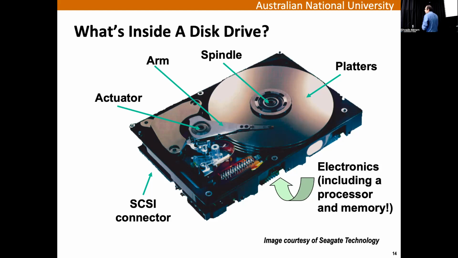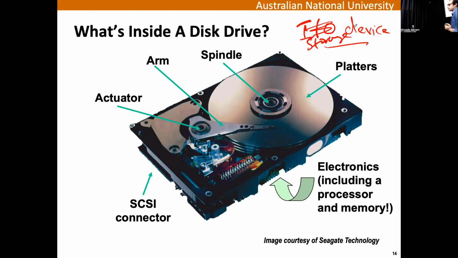Okay, they're not going away anytime soon. So it's not a bad idea to learn how they work. When I say storage device, I mean disk or SSD, solid state drive.